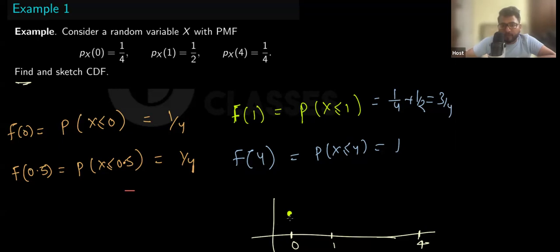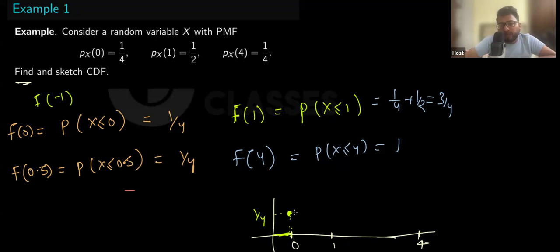And before 0, let's suppose in some negative value, say F of -1, it is 0, right? So before 0, it is 0. At 0, it is 1 by 4. At 0, it is a sudden jump, right?